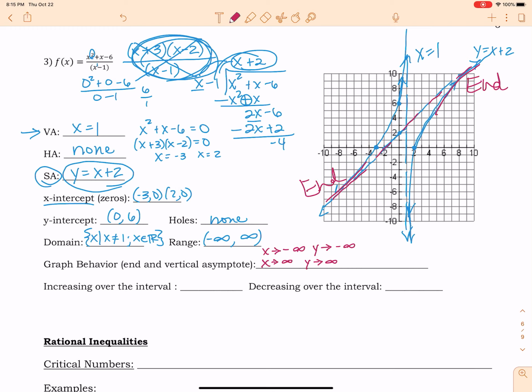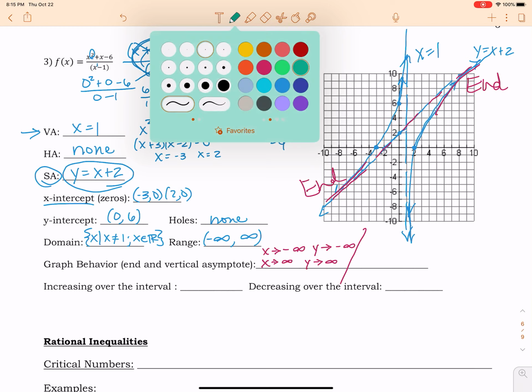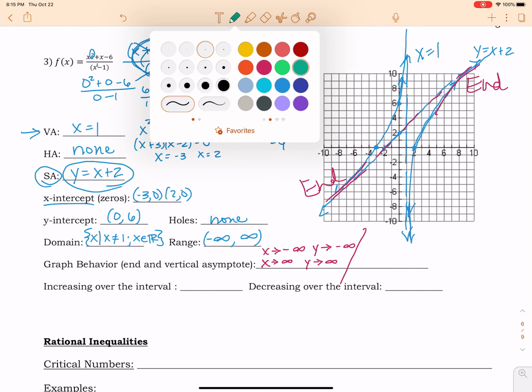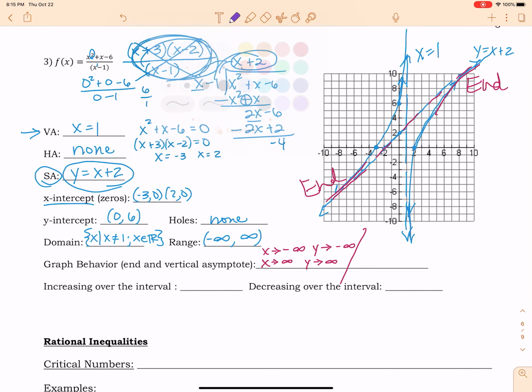Pretty exciting, isn't it, kids? I know, you're welcome. All right, so now I've got to use a different color so you can see it better. Now we're going to talk about the asymptotic behavior, which occurs right here and right here. All right, so in this one, x is approaching my asymptote at x equals 1.